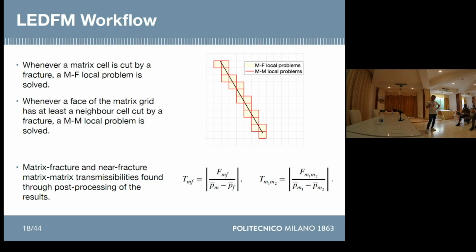After solving these local problems, in a post-processing phase, we compute the transmissibilities as the absolute value of the sum of fine-scale fluxes divided by the difference of average pressures in the respective cells.